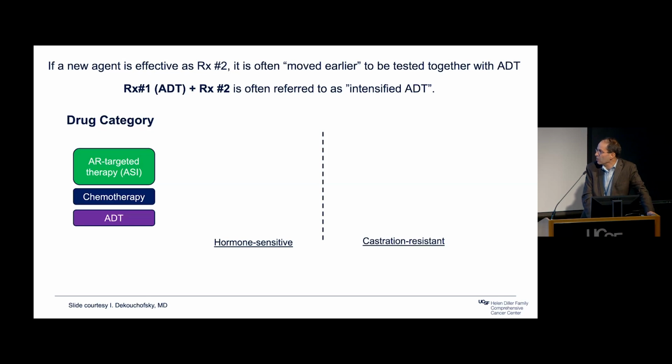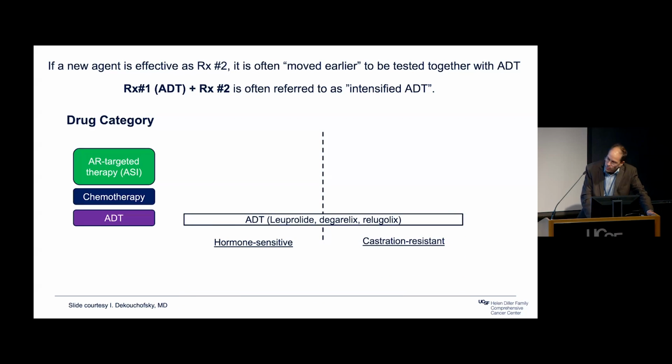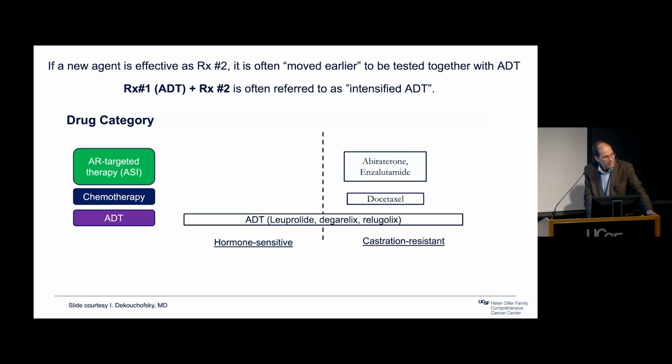If you look at these categories, chemotherapy and what we talked about earlier, the androgen signaling inhibitors, they were first developed, ADT, first of all, we know, I just told you, we're going to keep it from hormone sensitive all the way through castration resistant, but docetaxel and abiraterone and enzalutamide, darolutamide, apalutamide, as we discussed this morning, have been developed initially in the castration-resistant setting.